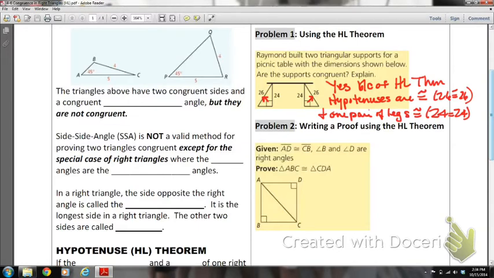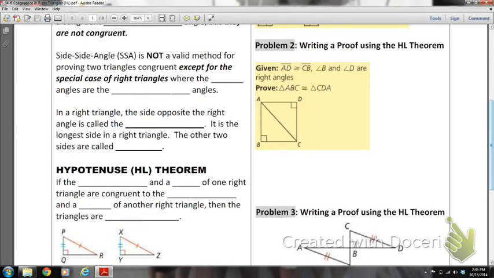Problem 2, we're going to write a proof using the hypotenuse leg theorem. So let's write a 2-column proof with the statements on the left, reasons on the right. Let's look at the given information and mark it on the diagram. It indicates that side AD is congruent to side CB.